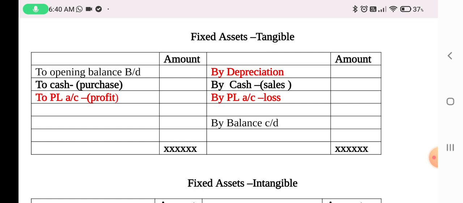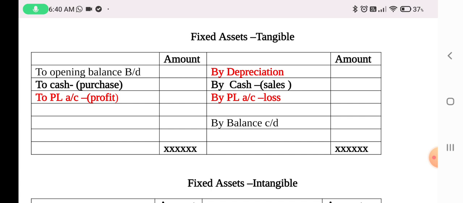Sometimes you purchase fixed assets, and you use the fixed assets, for which you charge depreciation. At the end of the year or during the year, if the asset is not fit for your purpose, then you sell it. That is a sale. When you make the sale, it may be made at a profit or at a loss.